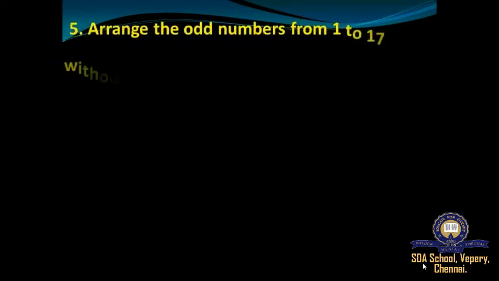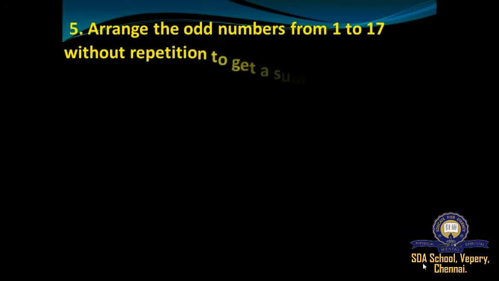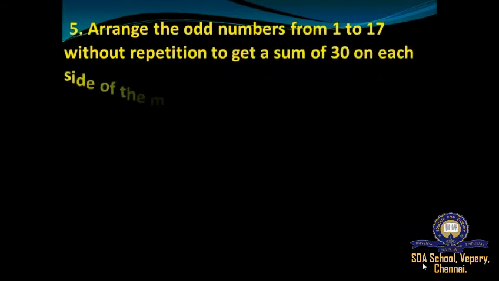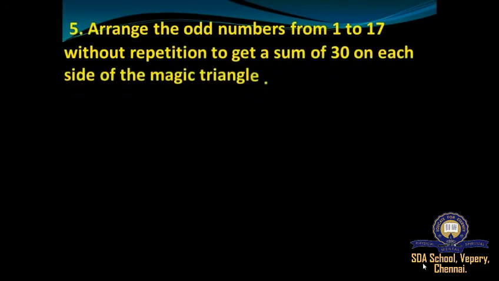Arrange the odd numbers from 1 to 17 without repetition to get a sum of 30 on each side of the magic triangle. Okay, so you are supposed to arrange the odd numbers from 1 to 17 without repetition in order to get a sum on each side of the triangle.